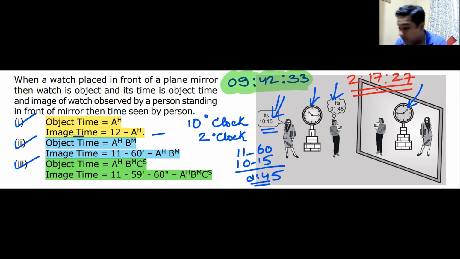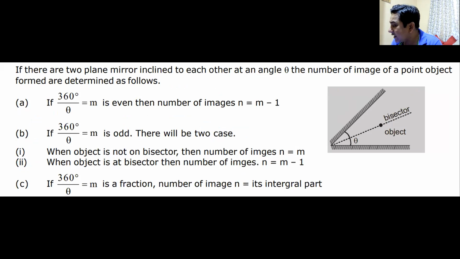Now let us move on to the other topics here. We are only concentrating on the types of questions that can come. What is the next type of question that can come? You can write the heading: number of images formed by two plane mirrors.